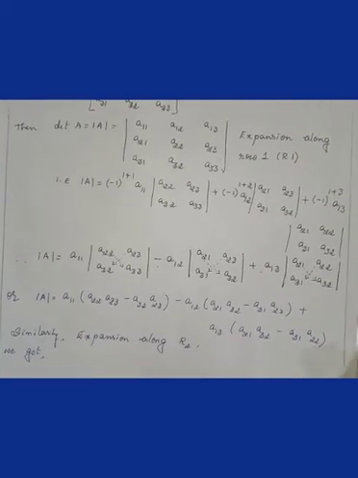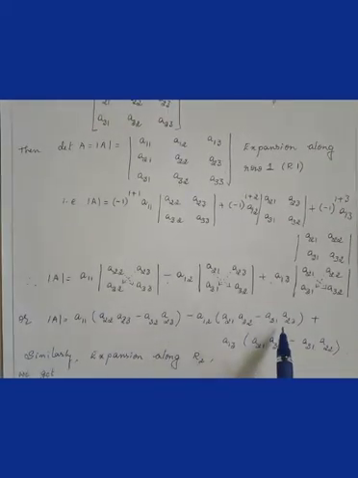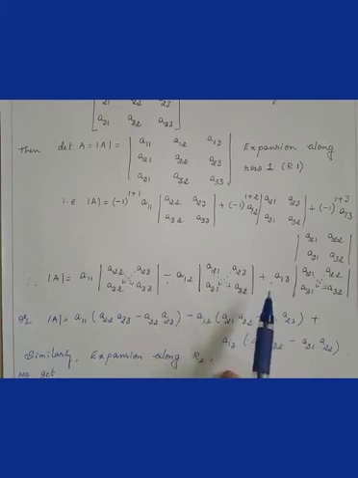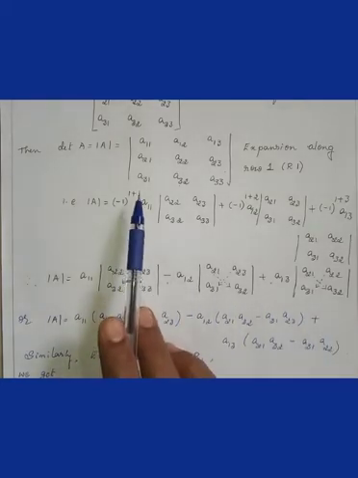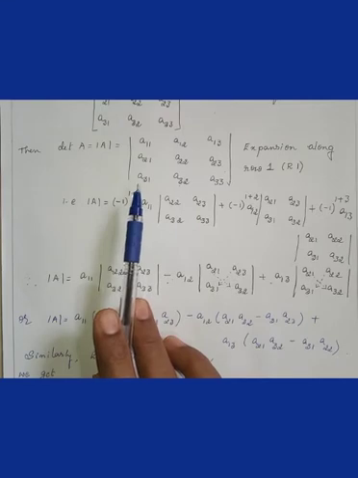So this is the expansion along the first row. Finally you will get one number associated with the square matrix.